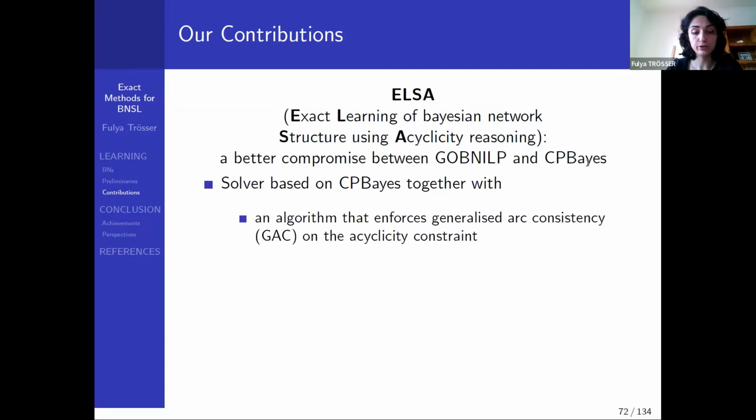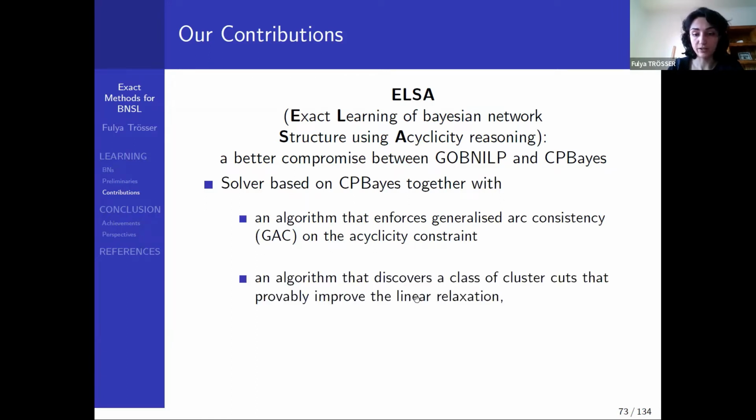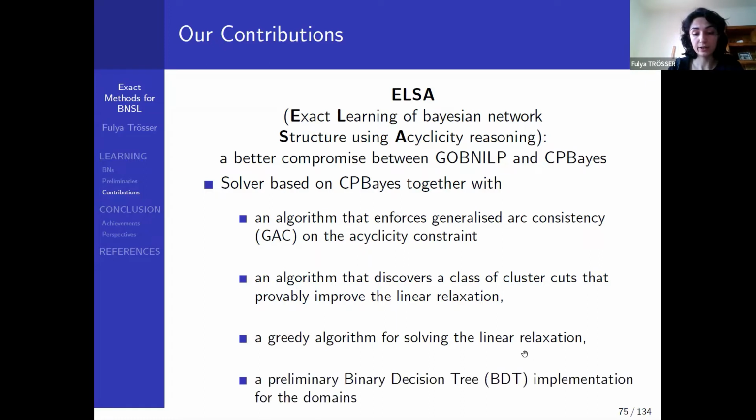In this solver, we have a stronger inference algorithm for the global acyclicity constraint, an algorithm that discovers not all, but a class of cluster cuts that provably improve the linear relaxation, a greedy algorithm for solving the linear relaxation using these cuts, and finally a preliminary binary decision tree implementation for the domains of the parent set variables.